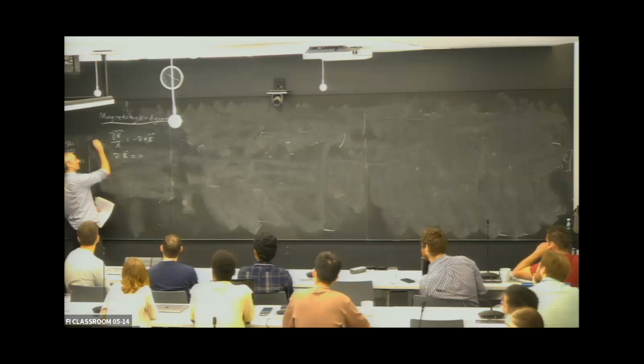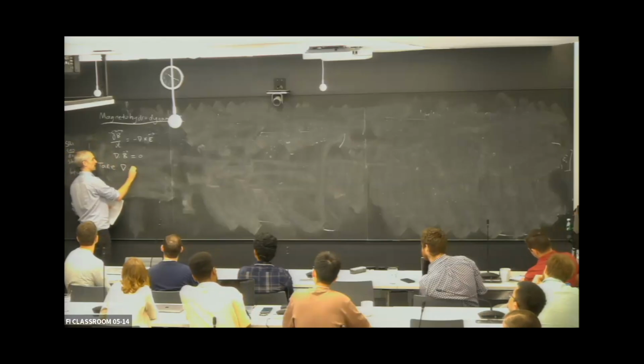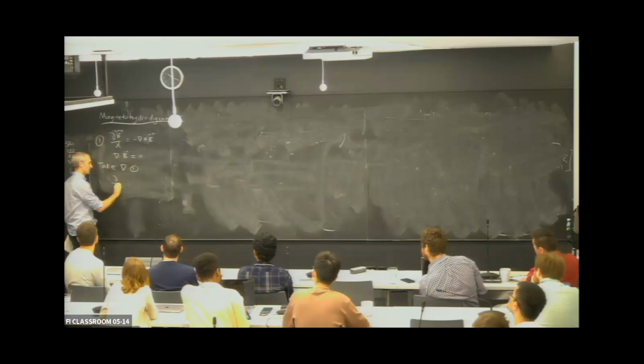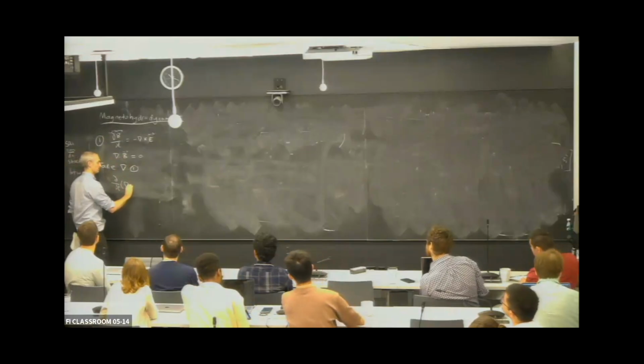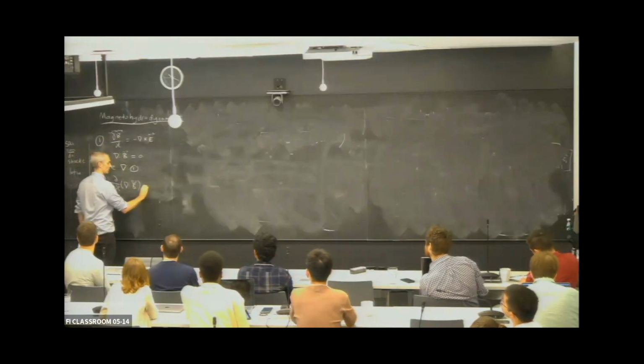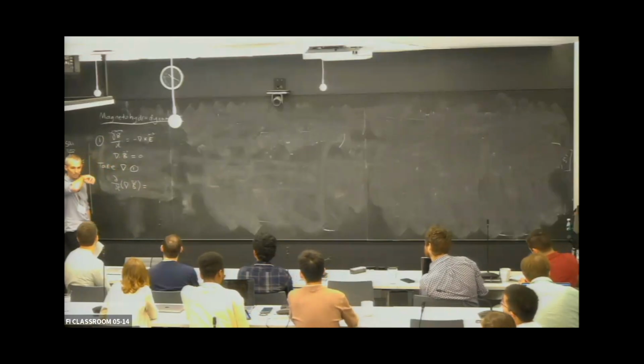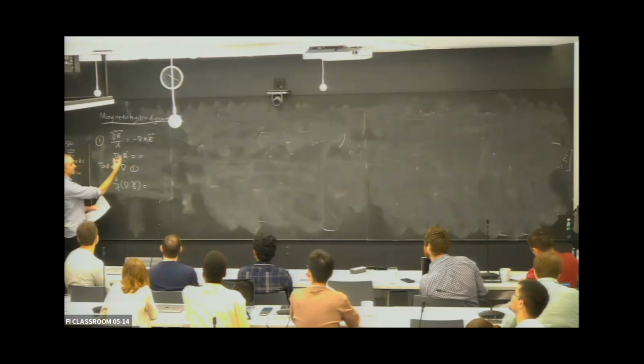Let's take the dot product of this equation. So take div of 1. What do we get? d/dt of div B equals... divergence of a curl is 0.